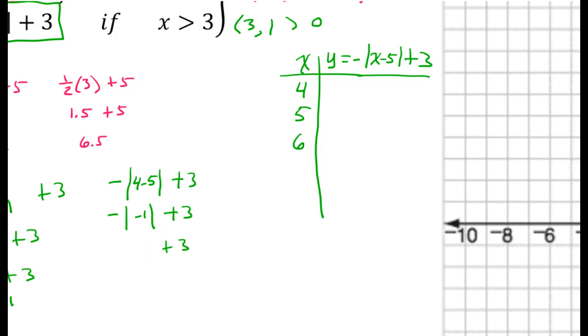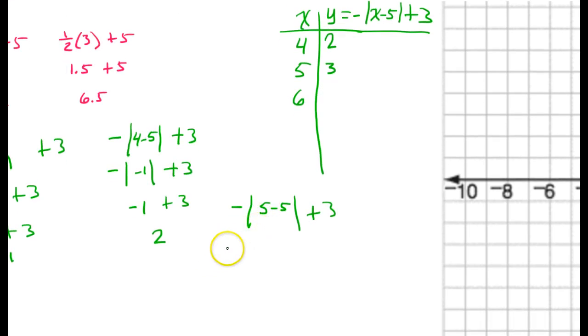So watch this carefully. The absolute value of negative 1 is positive 1, but this negative sign in the front is still there. So that's going to give me negative 1 plus 3, which is positive 2. So I end up with 4 comma 2. What if I have a 5 in there? That's going to give me negative absolute value of 5 minus 5, and then plus 3. Well, this is 0, and negative 0 is still 0. So I just have 0 plus 3, so I'm going to have 3.